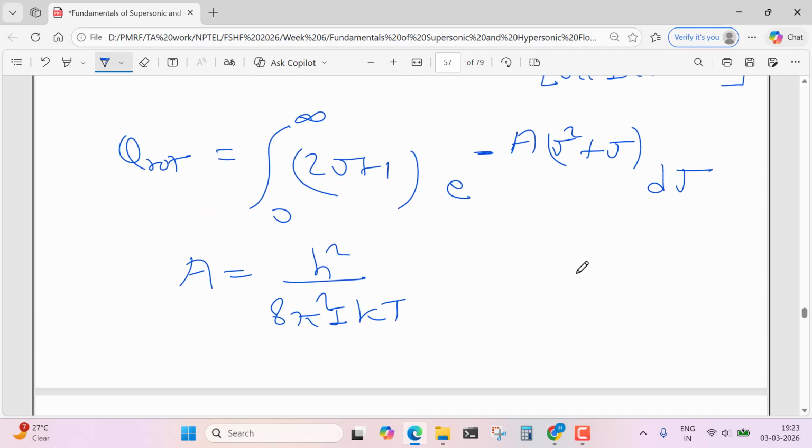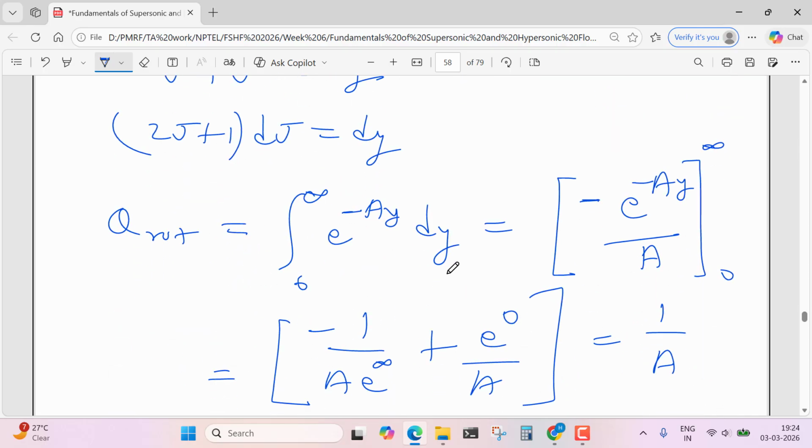We'll substitute it here. So you will get Q rotational equal to integration 0 to infinity e to the power minus ay dy. And if we do the integration of this, we will get minus e to the power minus ay upon a, from 0 to infinity.